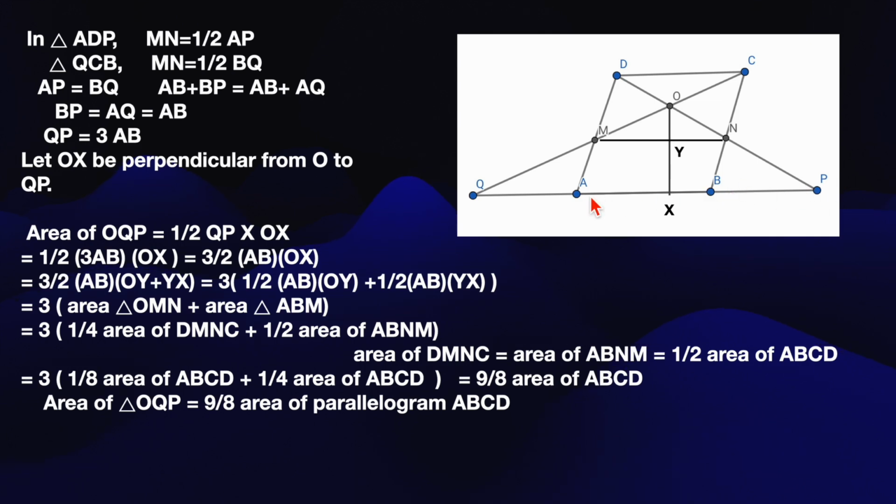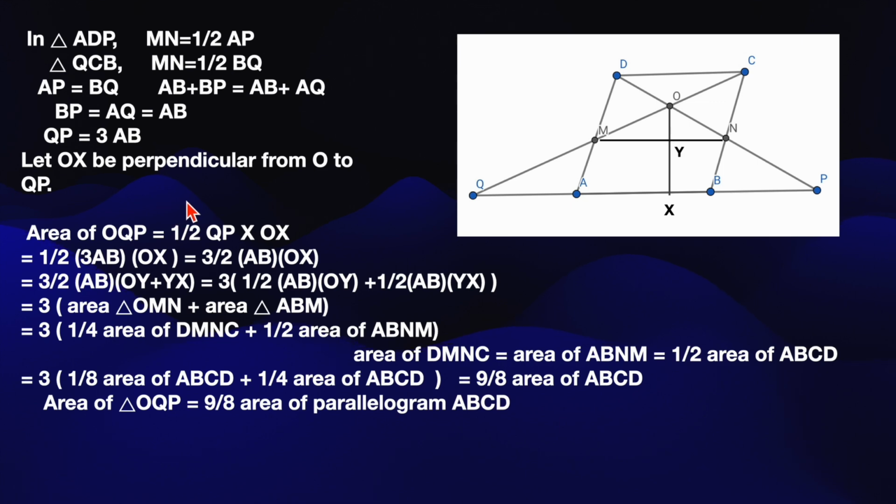AB plus BP. And here QB is QA plus AB. That means if you subtract AB, you find that QA is equal to BP and is also equal to AB. Therefore, we can say QP is equal to 3 times AB. This is the first statement we got.